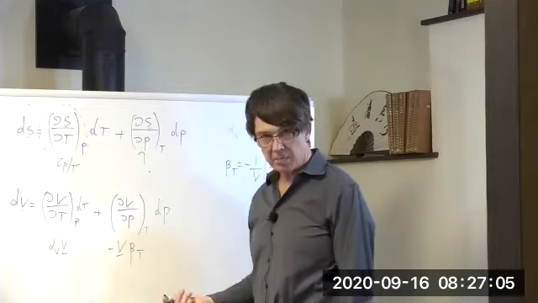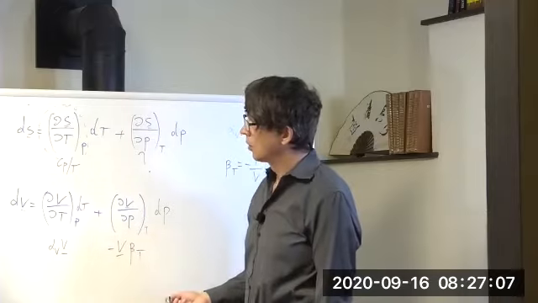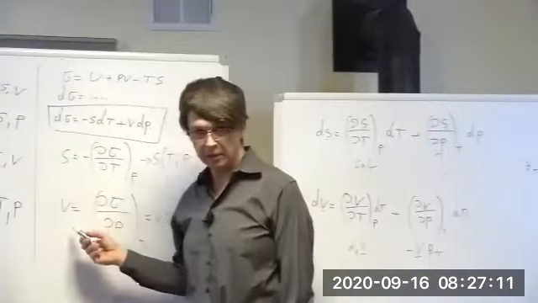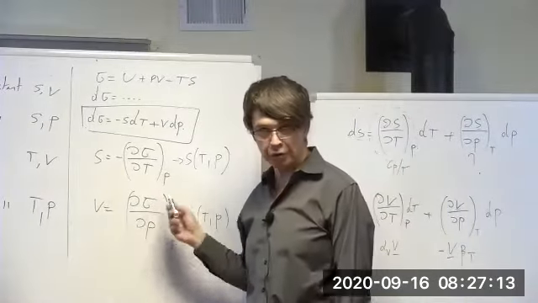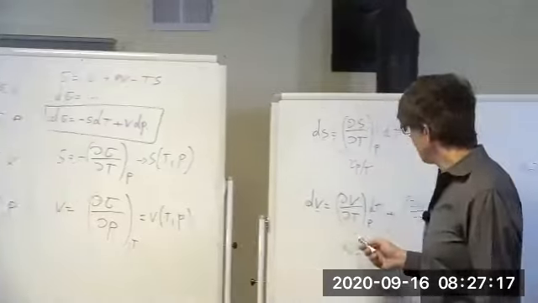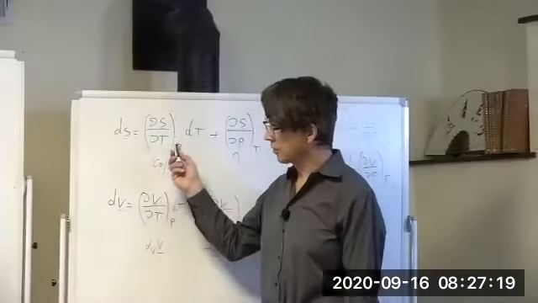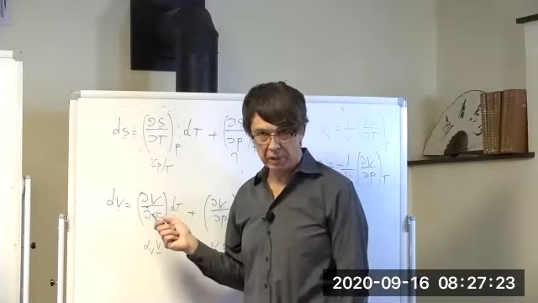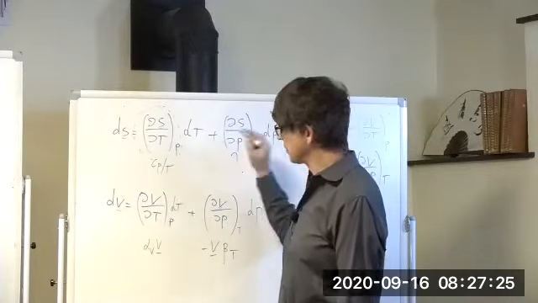Just to think a bit ahead: what I've shown here is that the equations of state, entropy and volume, are first derivatives of the Gibbs free energy. Here we're taking first derivatives of the first derivative, so these are second derivatives. What you're really recognizing is that I have the matrix of second derivatives.